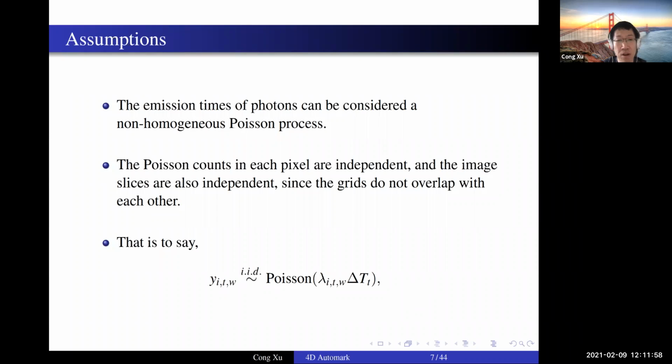So that's how we model this whole thing. We have a series of multi-band images, and these pixels are independent Poisson counts. And right now the goal is to estimate the underlying Poisson parameter, or Poisson intensity lambda, based on what we observed, these Y's.